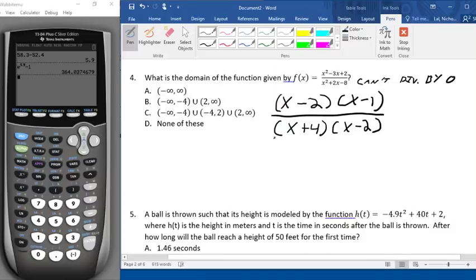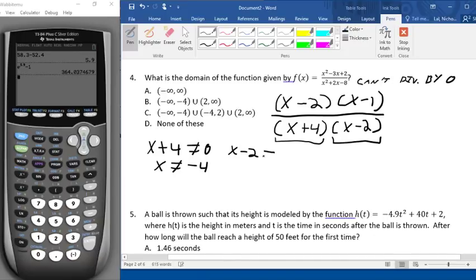And these two values cannot be equal to 0, so this is going to set up two equations because we can't divide by 0. x plus 4 cannot be equal to 0, so x cannot be equal to negative 4, and x minus 2 cannot be equal to 0, so x cannot be equal to 2.